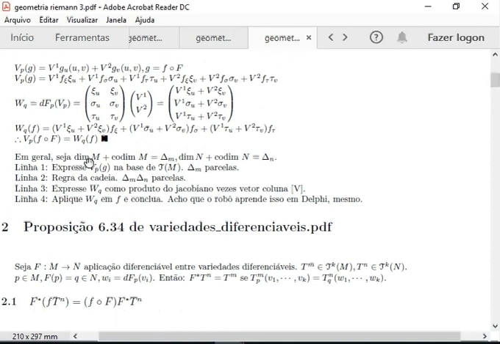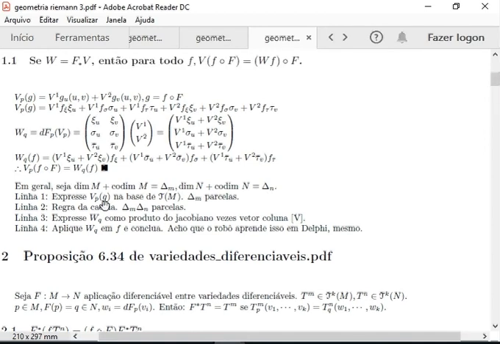Generally, let dim M plus codimension of M equal delta M, and dimension of N plus codimension of N equal delta N. First line, you express V_P G in the basis of T_P M, and you find delta M terms. Here we found 6 terms, 3 plus 3.